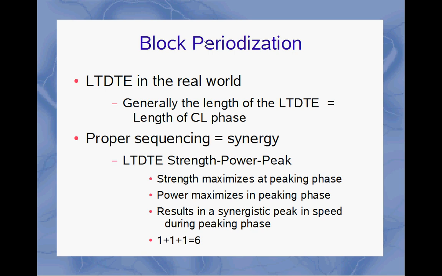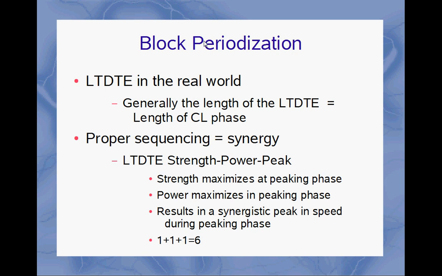So if we time it right, when we reach the peaking phase, our strength will actually be maximized. If we sequence everything properly, when we reach the peaking phase, our power will actually be maximized. And this results overall in a synergistic peak in speed and performance.